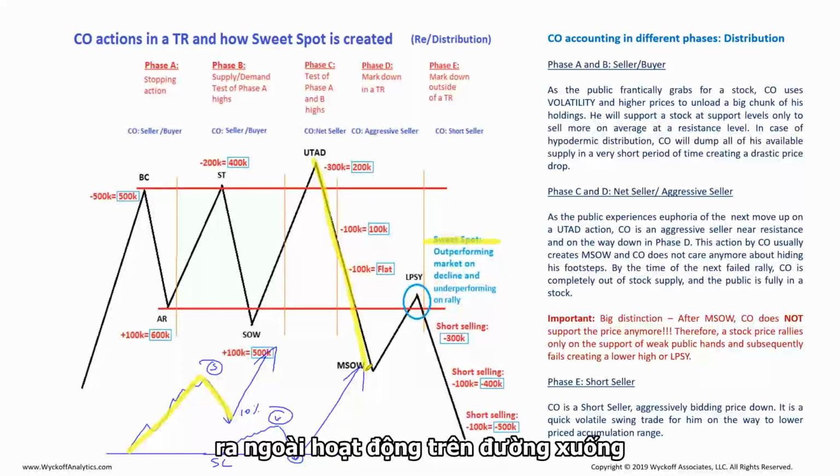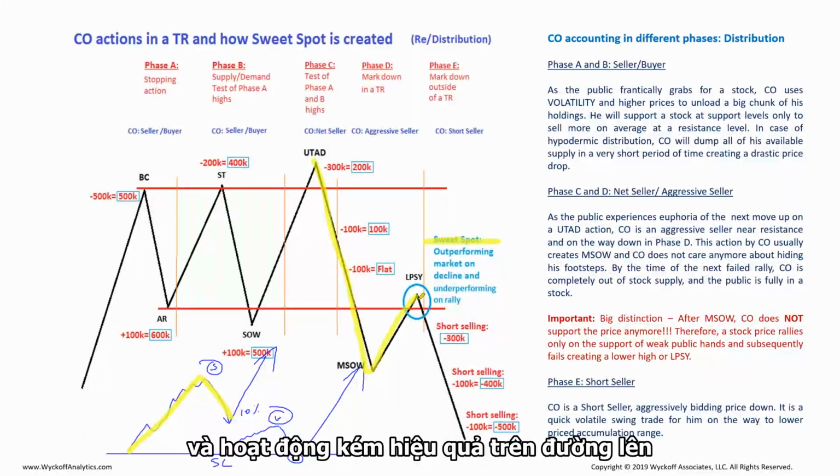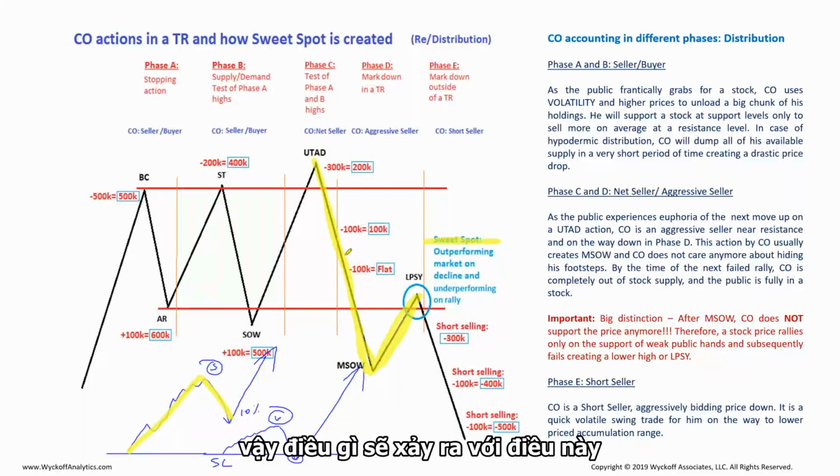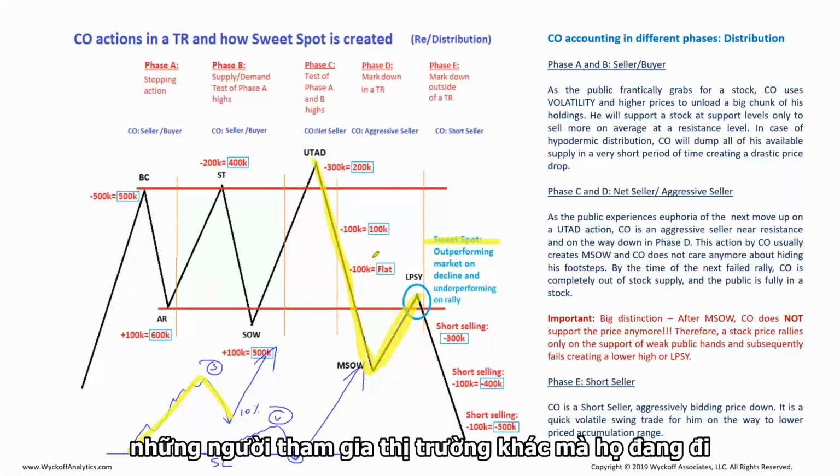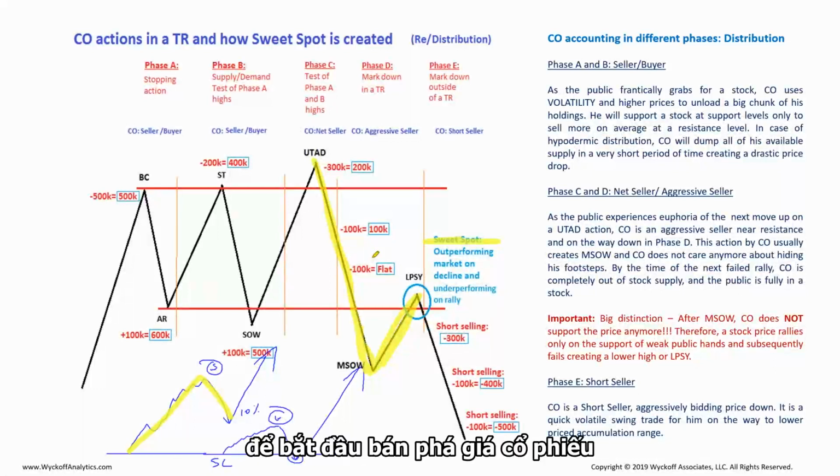Outperforming on the way down and underperforming on the way up. This sequence suggests that there is a lot of selling on the way down and not a lot of buying on the way up. So what's going to happen with this asset at some point when such underperformance is going to be seen by other market participants, they're going to start dumping the stock. And as they dump the stock, they capitulate and they produce a lot of selling of this stock.